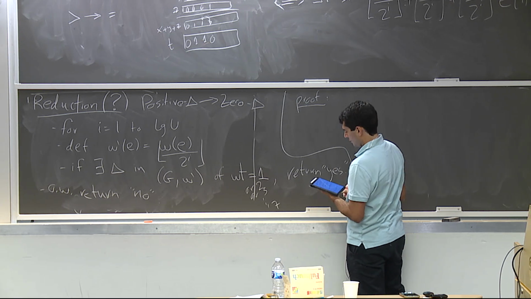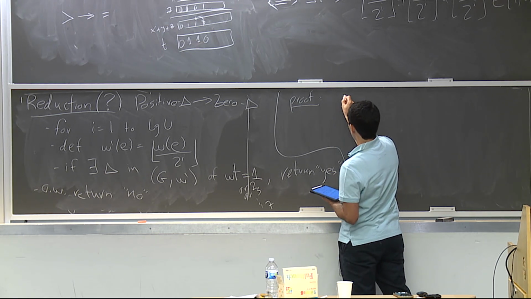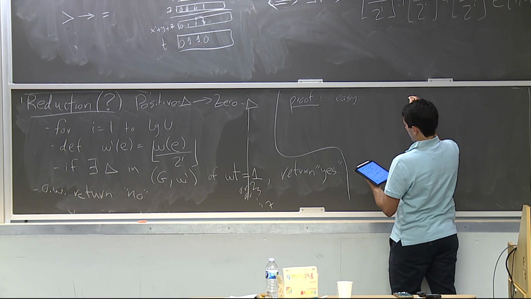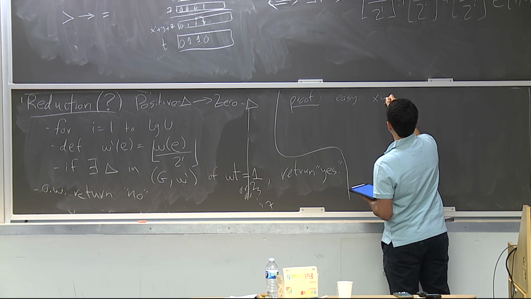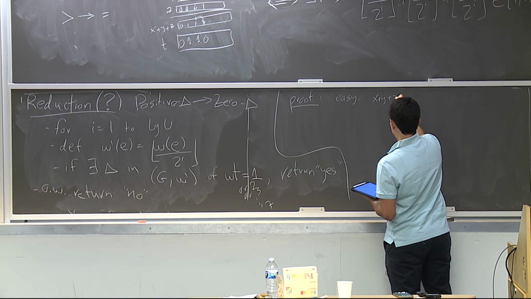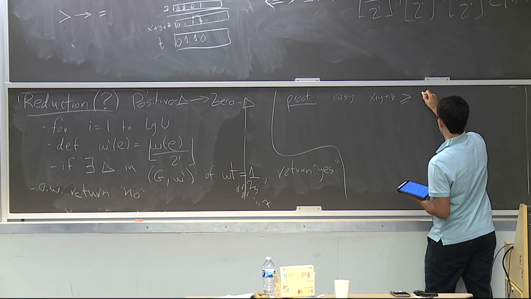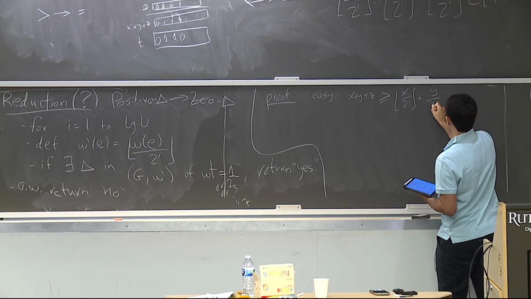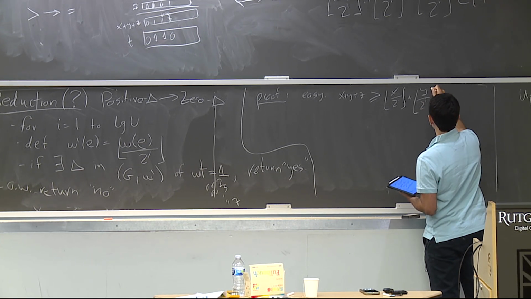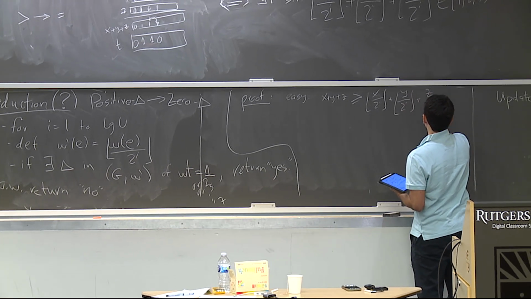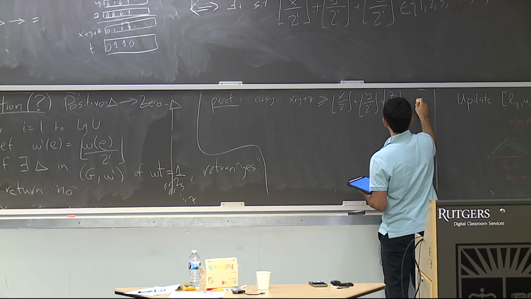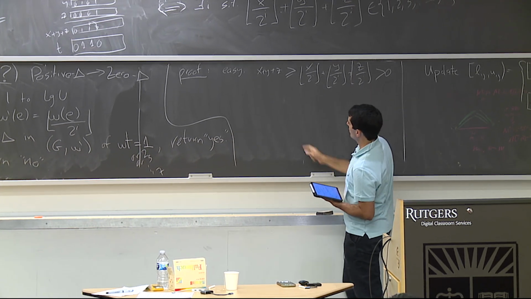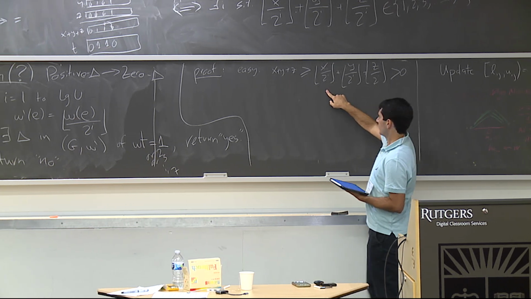So here's the proof. There are two directions. The first direction is easy. The sum of the numbers is, of course, greater than this.